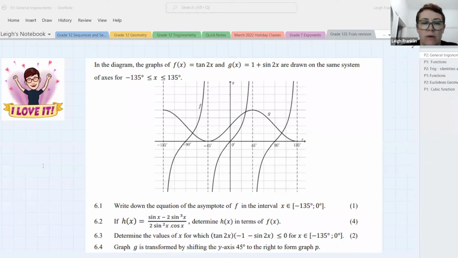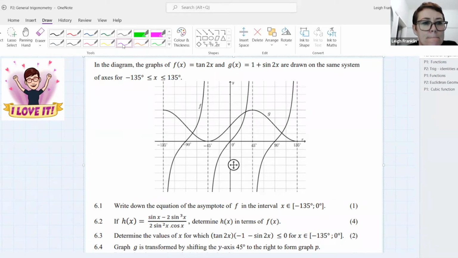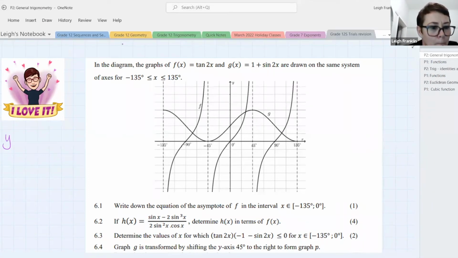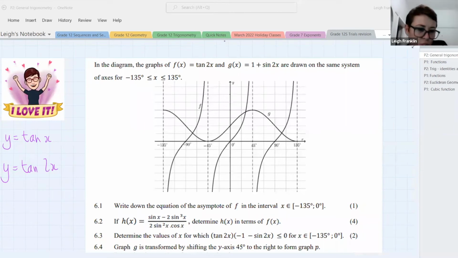What's it doing compared to our normal y equals tan x graph? How is the graph y equals tan 2x different? There we go, 100% the period changed.